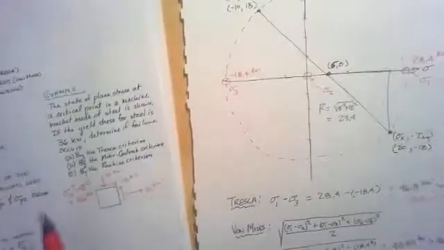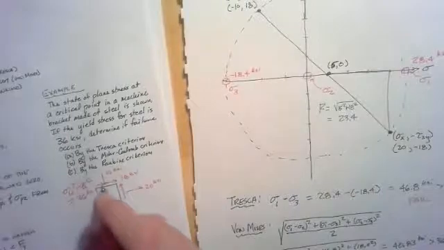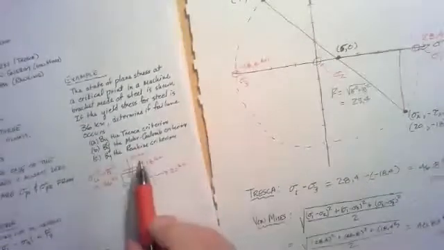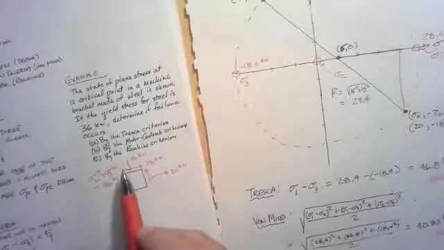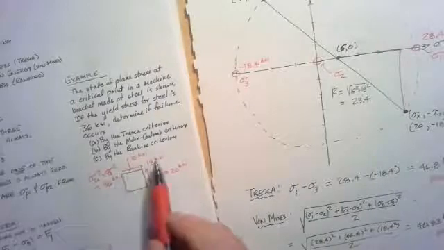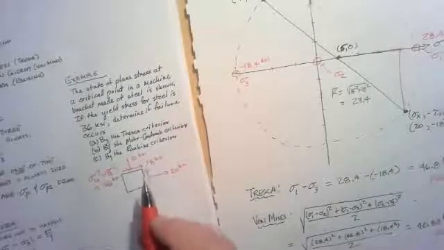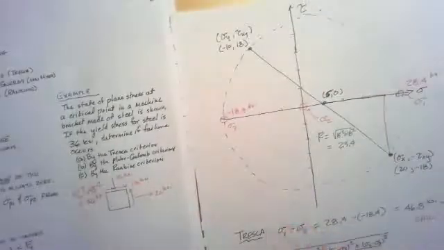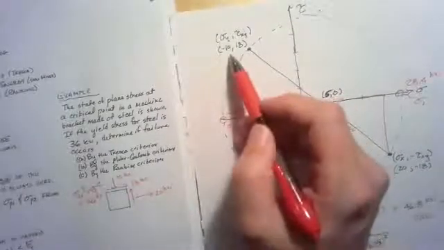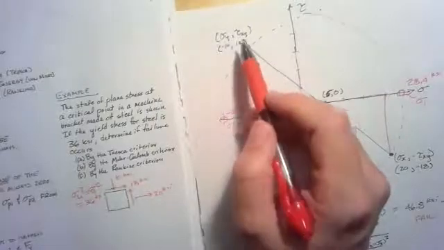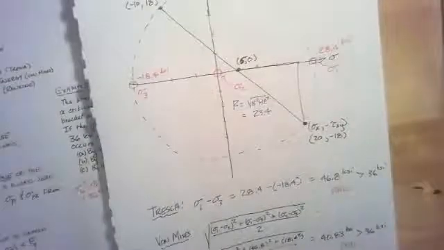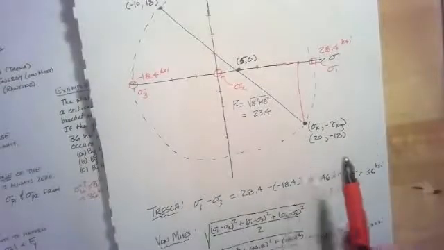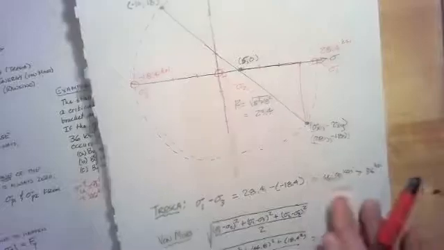And then I would want to find the other point on Mohr's circle that gives me the diameter. So I would come back over here. I've got 10 KSI. So that is negative 10 because it's compressive. And then I've got 18 KSI that is spinning clockwise, and that's positive for that point. So for this point, I have negative 10 and 18 for sigma y and tau xy. And then I have for sigma x and negative tau xy, 20 and negative 18 for the other point.